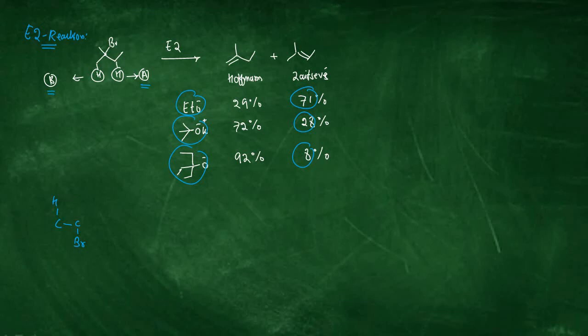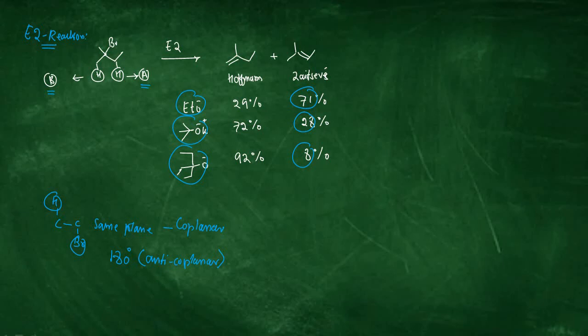So all the four atoms, that is hydrogen, carbon, carbon and bromine, should be in the same plane, or what we call coplanar. But the two groups, especially the hydrogen and bromine, should be opposite to each other, or at 180 degrees. Such an orientation is known as anti-coplanar.